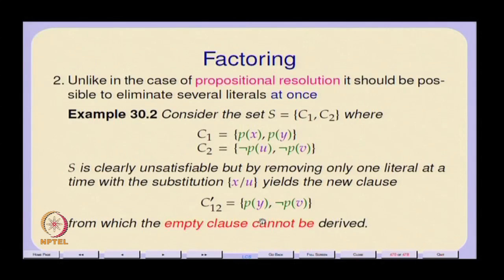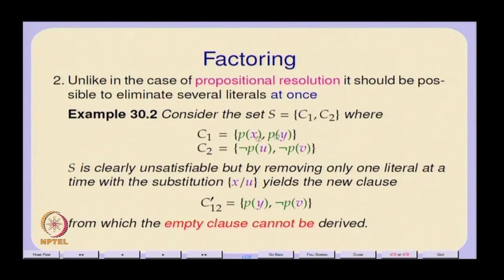Is this right? Yeah, it is right. Of course, this is an OR, right? Each clause should be regarded as the OR of all its literals. So this is essentially equivalent to for all x, for all y, p of x or p of y, and this is equivalent to for all u, for all v, not p of u or not p of v.